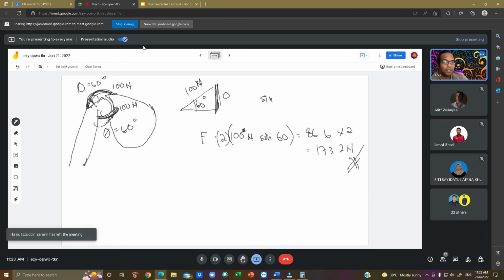Or in other words, we can actually define force as any kind of energy being subjected which cause changes. Changes in terms of place, changes in terms of acceleration, changes in terms of shape. That is force.